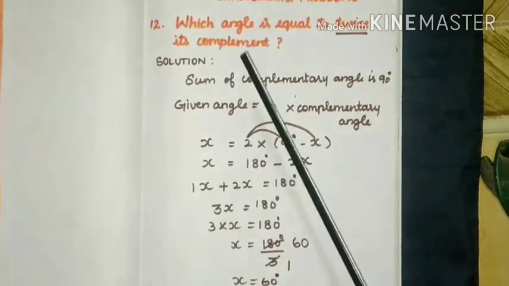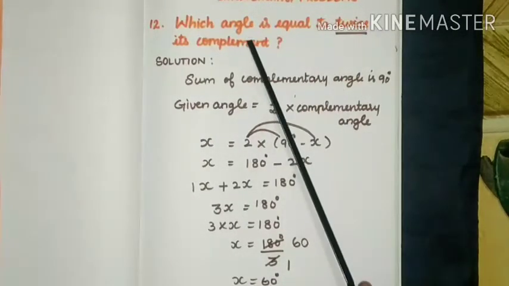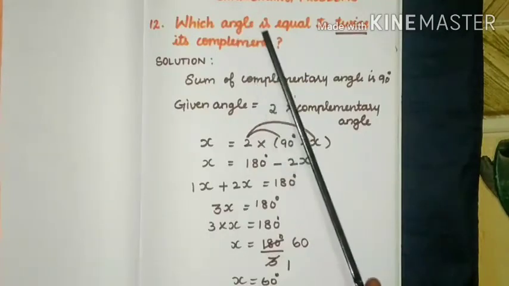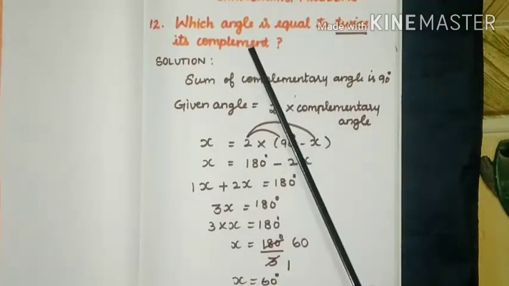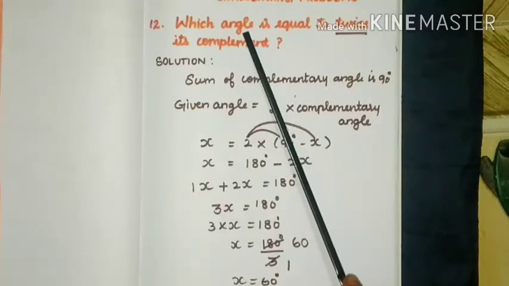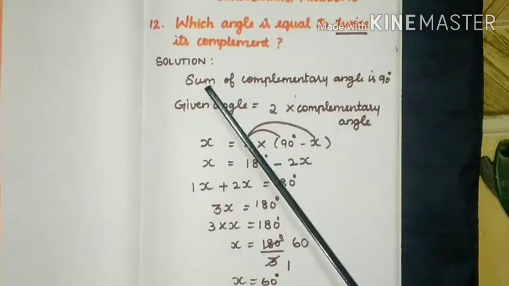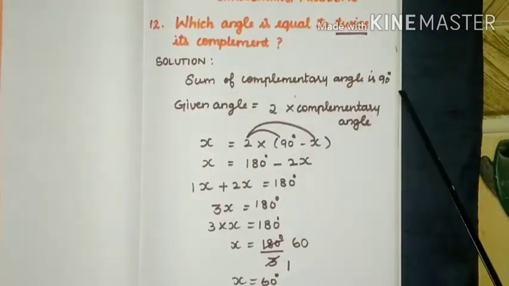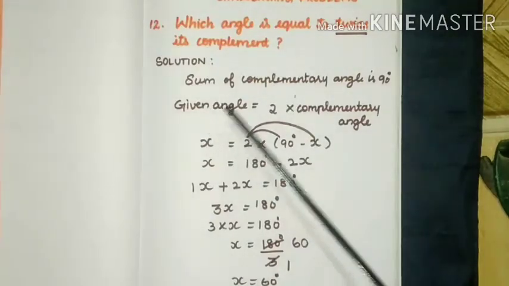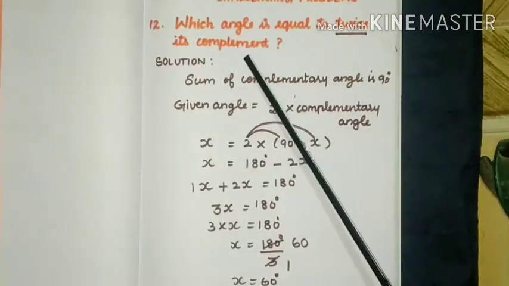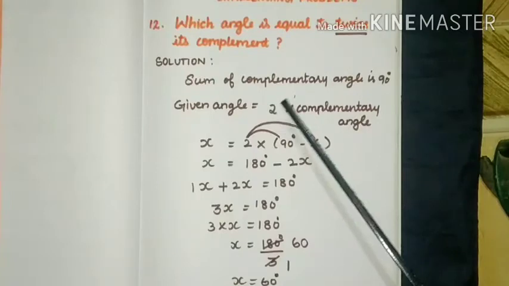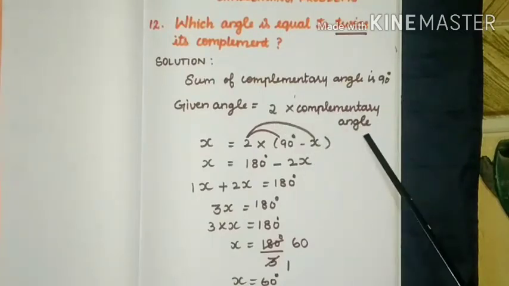Students, here the given angle is not given. The angle is equal to twice its complement. As we already know, the sum of complementary angles is 90 degree. So the given angle is equal to twice its complement. Twice means what? 2 times the complementary angle.